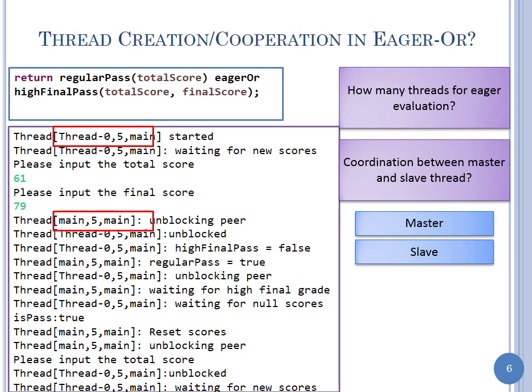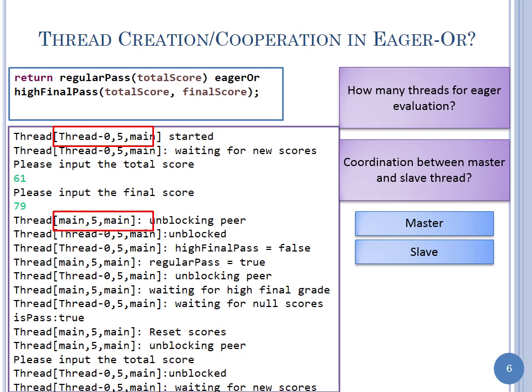Okay? The slave starts off and it says, I'm waiting for new scores. It's running a loop of some kind, and it says, I'm waiting for a new score, and it blocks. Waiting means block. Blocking, you've seen when you do reads, you block for the user input. Here you're blocking for something that has to occur internally within the program. Somebody should go and unblock you later, and that somebody will be the master.